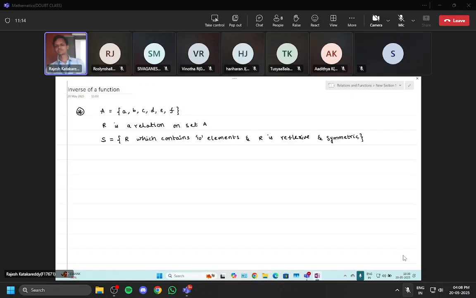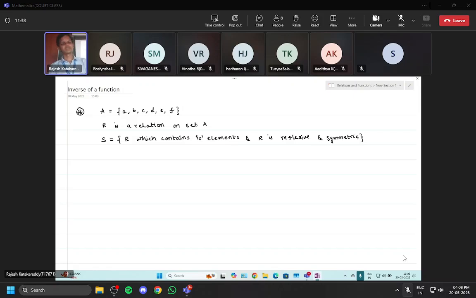So online students or offline students, I have given a problem. This is a problem on types of relations. It is a numerical answer type, you don't have options. It is a problem from JEE Advanced 2025 Paper 1. If your understanding of relations is good, you can give one try.